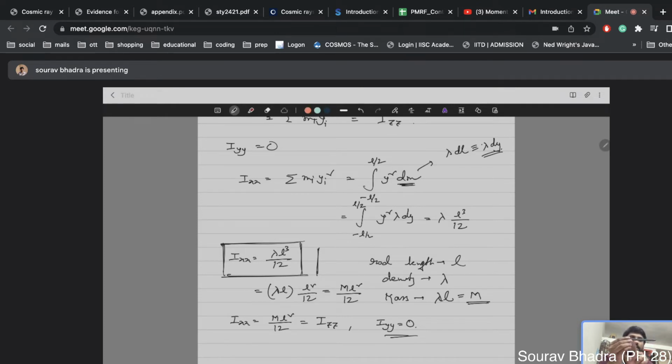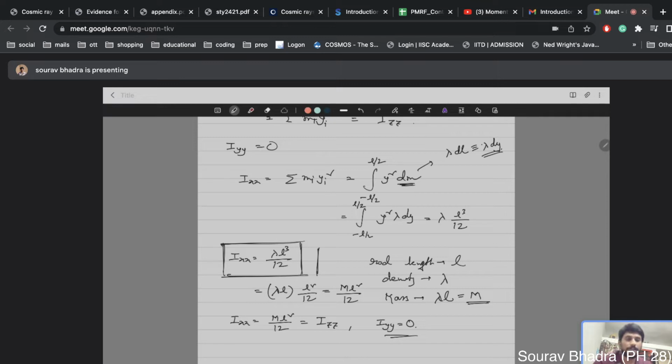Now another axis is the axis which is passing through the rod, not perpendicular, but along the rod. If the rod is rotating about that particular axis, it will just spin like this, and for that case we are getting a moment of inertia which is actually 0.